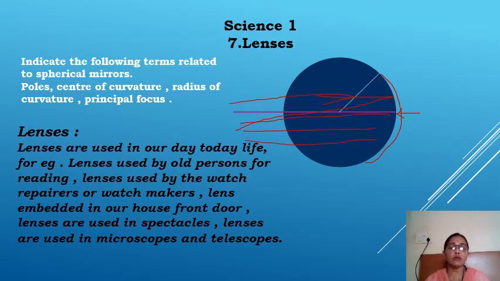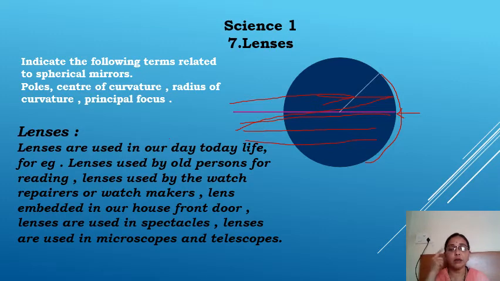Lenses are used in our day-to-day life: by old people to see small things, by watch repairers or watchmakers. Lenses are also embedded in our front door to peep outside and see who has come. Lenses are used in our spectacles.